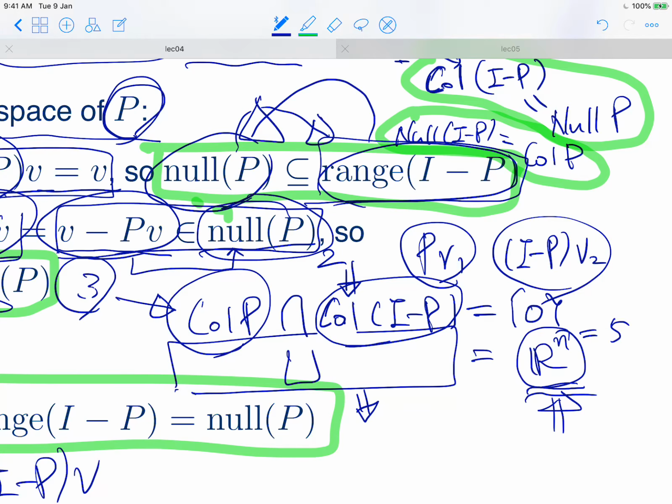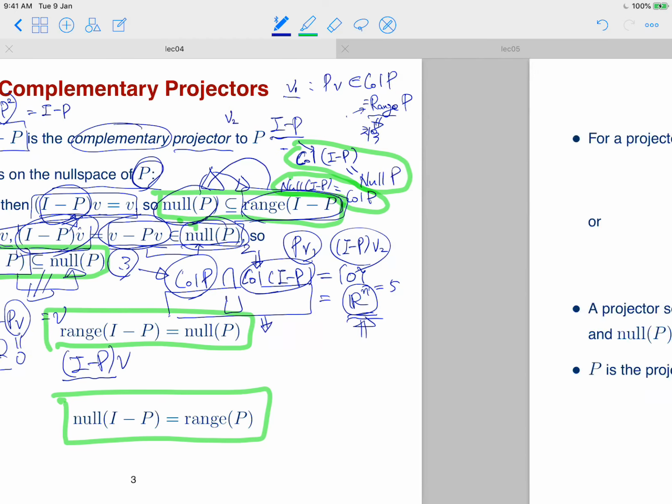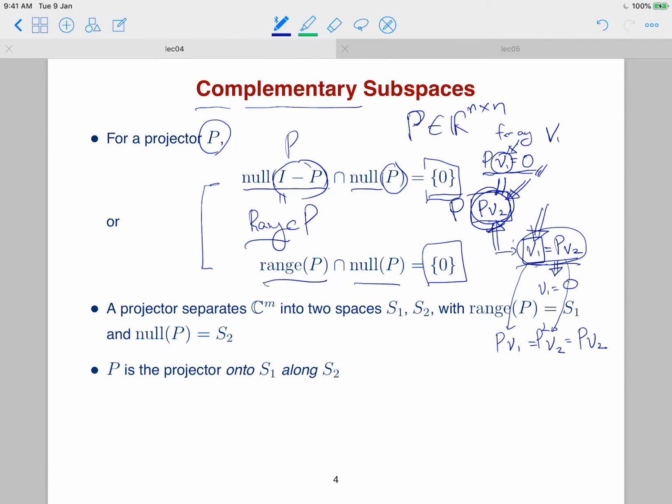Yeah, it is not a rigorous proof, but let's just understand it intuitively. And in that case, it is actually separating our Rn into these two subspaces, right?